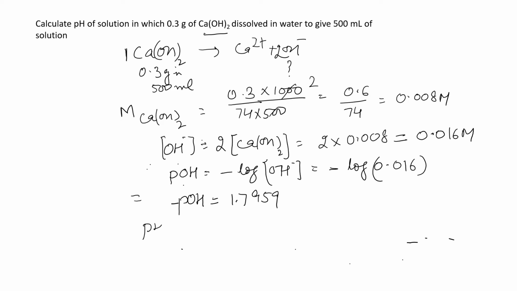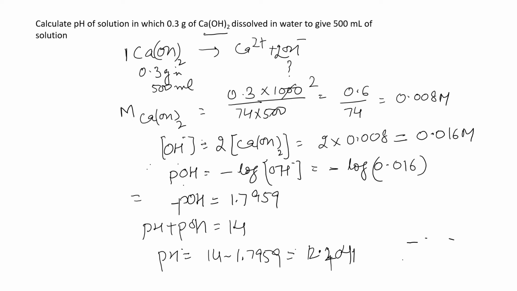We know that pH and pOH sum is equal to 14, and pH is equal to 14 minus 1.7959, that is 12.2041. So this is the pH value.